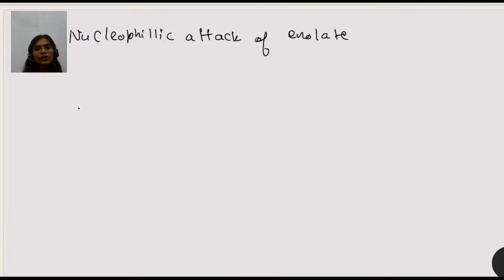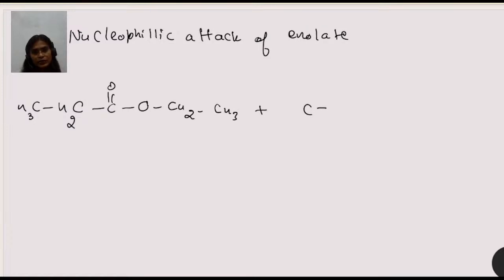Again, it is CH3CH2COOCH2CH3. Our enolate is ready, CH3CH with COOCH2CH3, negatively charged.